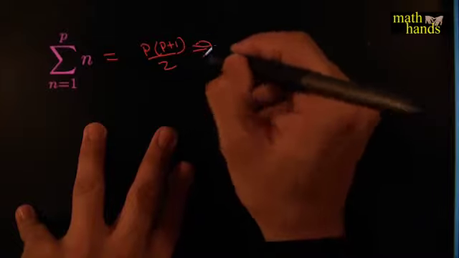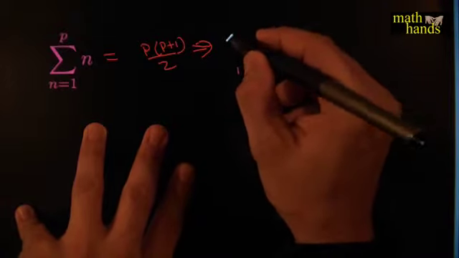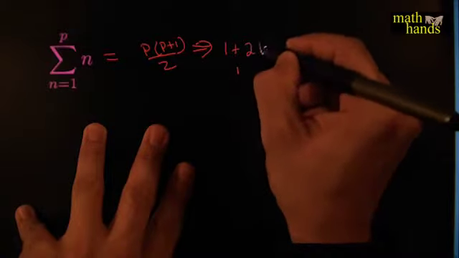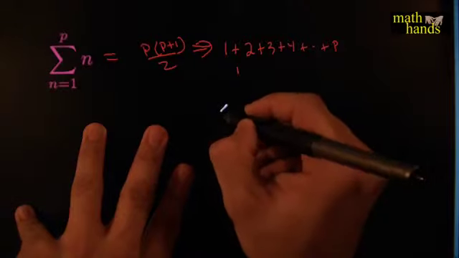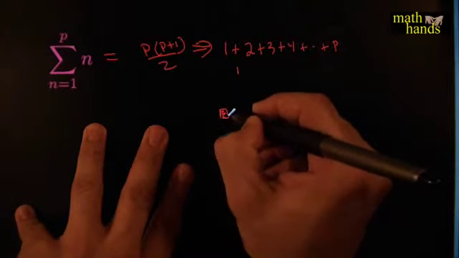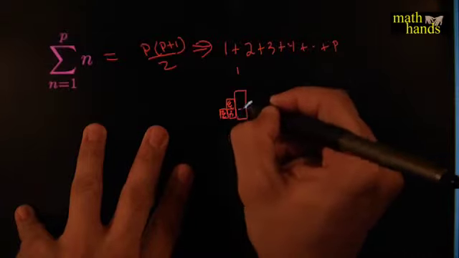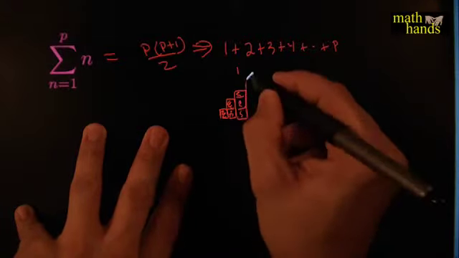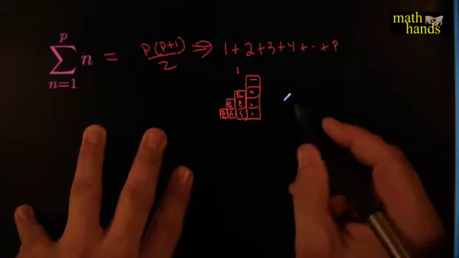And of course, we made a picture of it. I'll write it in symbols: 1 plus 2 plus 3 plus 4, all the way till you get to p. And the picture for it is one little block, and then two little blocks, and then three little blocks, etc. So what that turns out to be is the area of this shape, more or less like this.